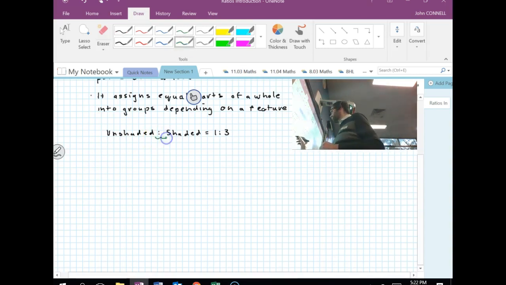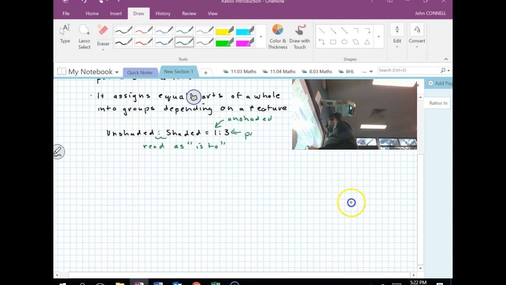So this colon here we read as "is to", and this 1 was our unshaded parts, and this 3 was our shaded parts. And notice that if we add 1 and 3, so 1 plus 3 gives us 4, which is the total number of parts.